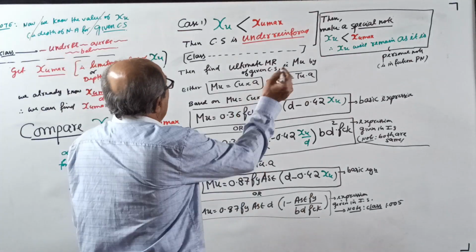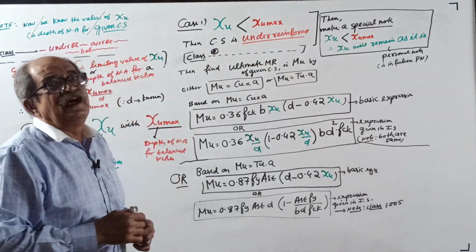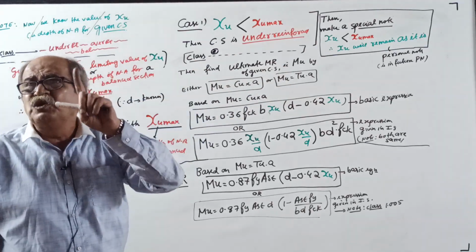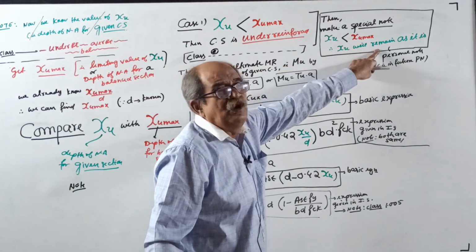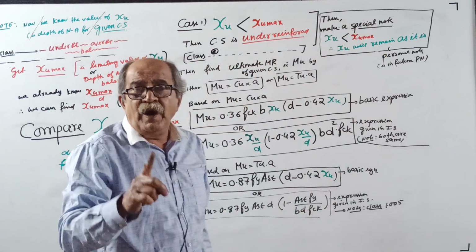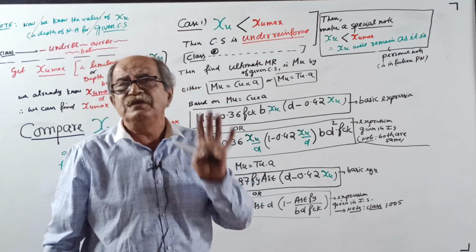I told last class, star mark. I will take exclusively one class for that. And one more concept is there. See, one personal note: this also I will tell in that class, provided I get a request from at least 100 people.